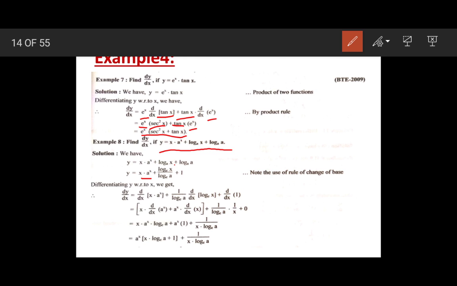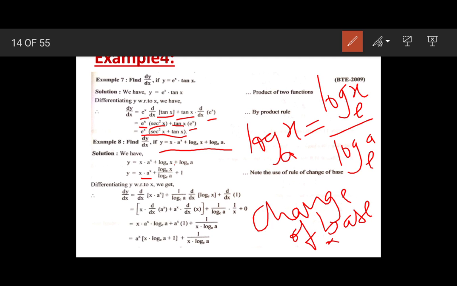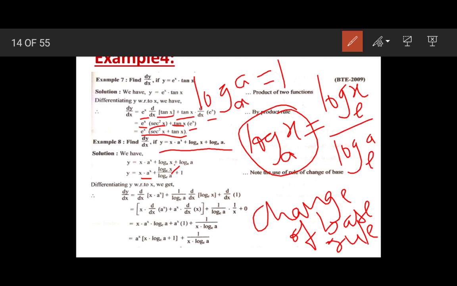So this can be written as log x to the base e upon log a to the base e by change of base rule of logarithm. Then this log a to the base a is equal to 1, again from rules of logarithm.